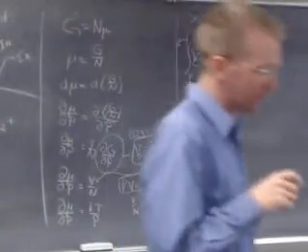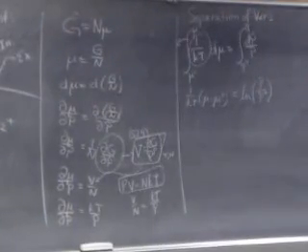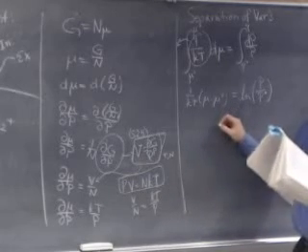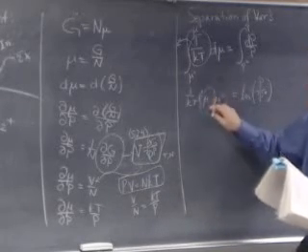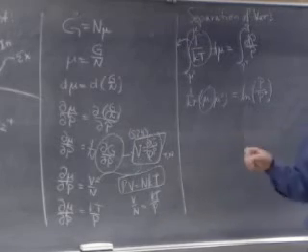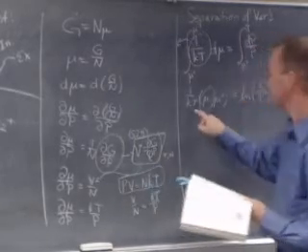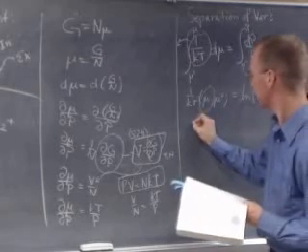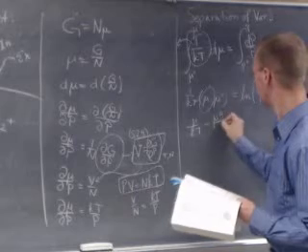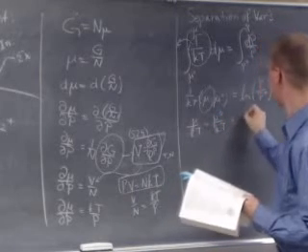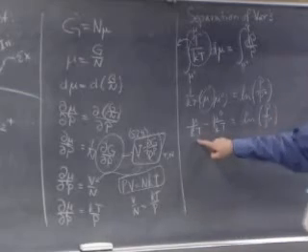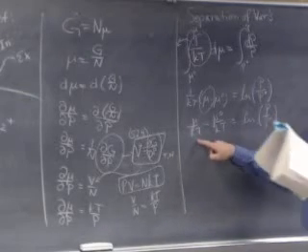Okay, so what can we do with this? To simplify it, what we want to do is solve for that final chemical potential in terms of the starting things, in terms of everything else. All right, so I'll just take this term here.